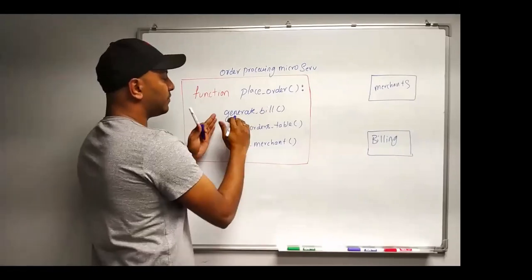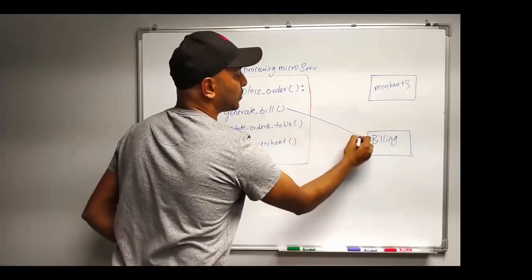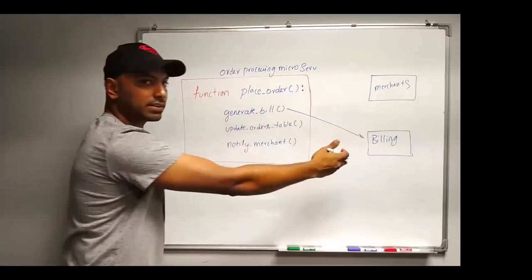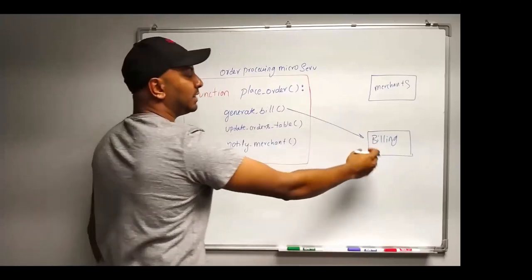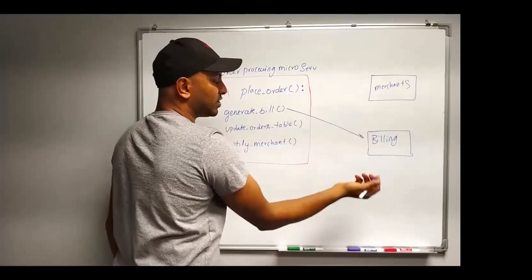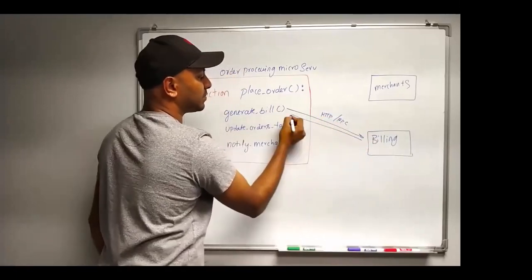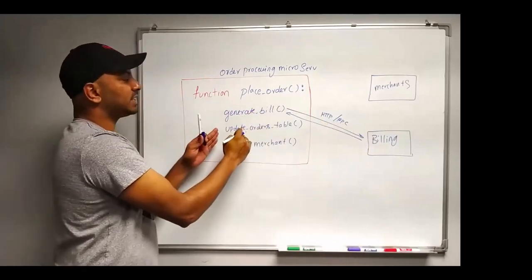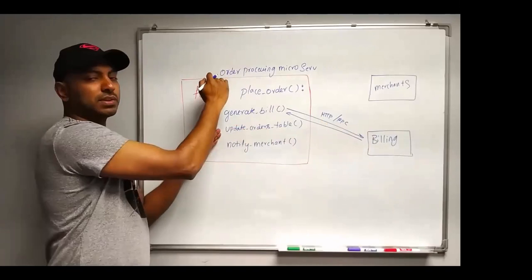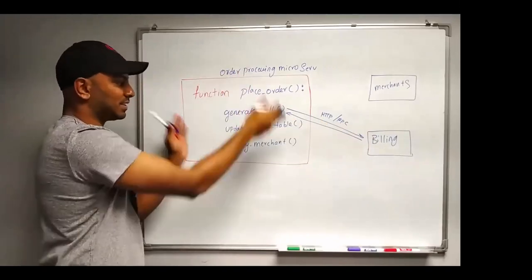So when we want to do this action, somehow we have to call this microservice and give all the arguments which we need, and then it executes here. As I mentioned, either we can do an HTTP call or an RPC call, and then we get the response back. And then we do the update orders table. This is actually the responsibility of the order processing microservice that runs locally, in the same instance.